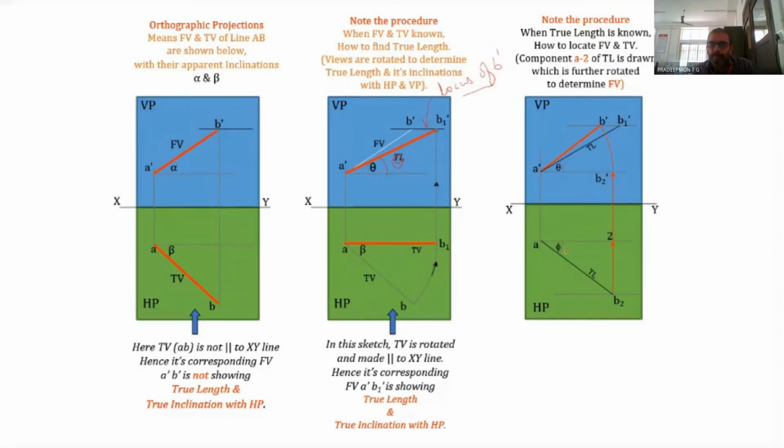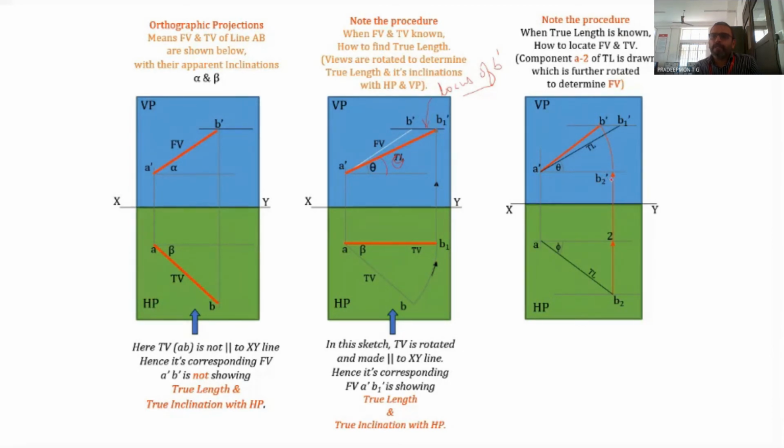From B2 we project to the locus of A dash. That point is B2 dash.